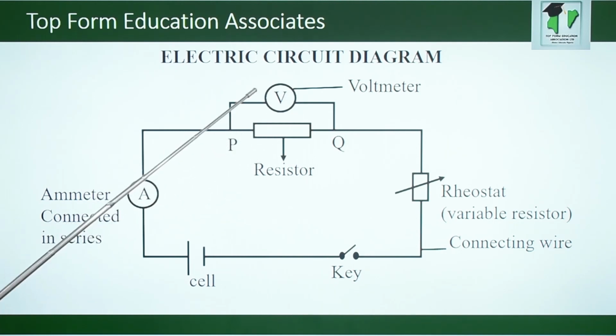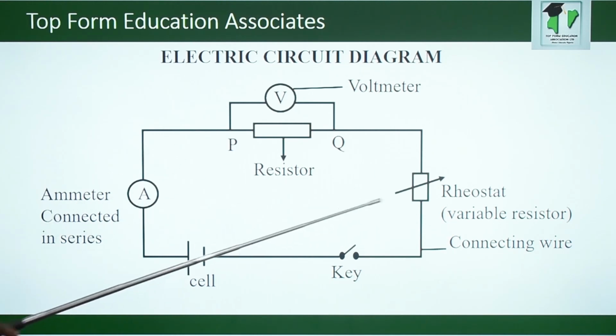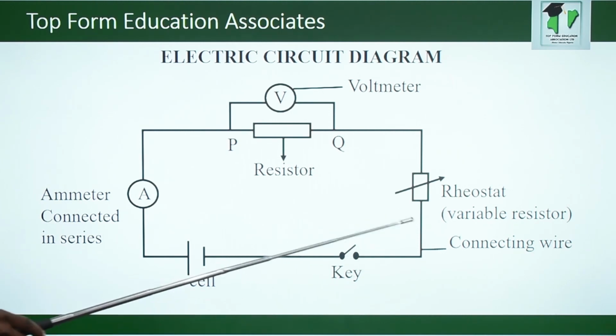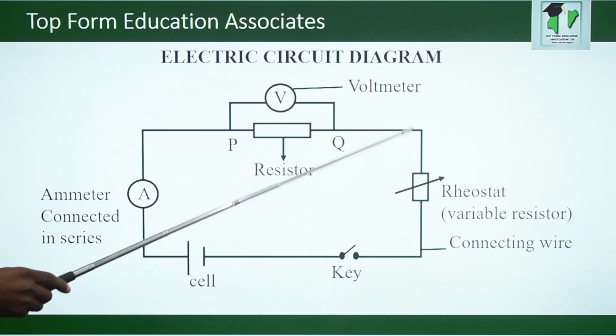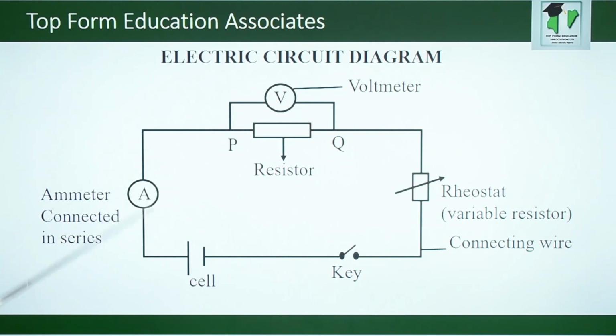The voltmeter is connected across the resistor to measure the opposition it offers to the current passing through. Now you have the rheostat, which is used to adjust the current coming into the circuit. Then we have the connecting wires, from here to here, while you have this as the key.